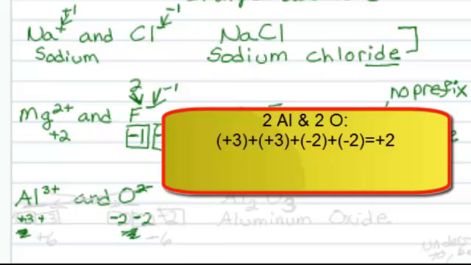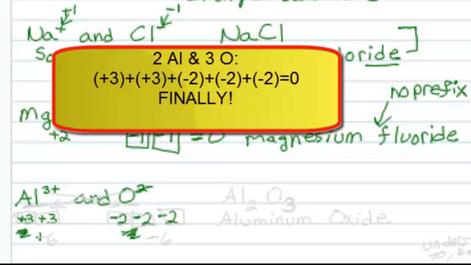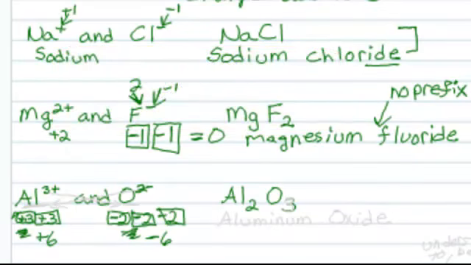So you need another +3, another -2, and finally it adds up because here you have +6 and here you have -6. So you had to do 2 of the aluminums and 3 of the oxygens. So your formula becomes Al2O3, because you needed 3 of this and 2 of this.